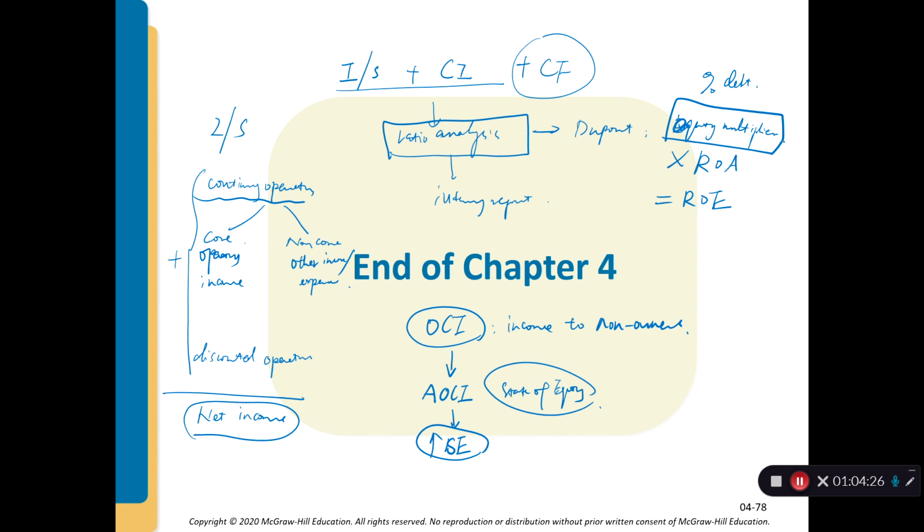So therefore, the higher this multiplier is, the more likely the return on equity is high. But there's a debate, there's a trade-off. When your leverage is too high, the debt holder is charging too much interest, hence it will drive your return on assets low, hence your return on equity is still going to decrease, right? So we gave an example.